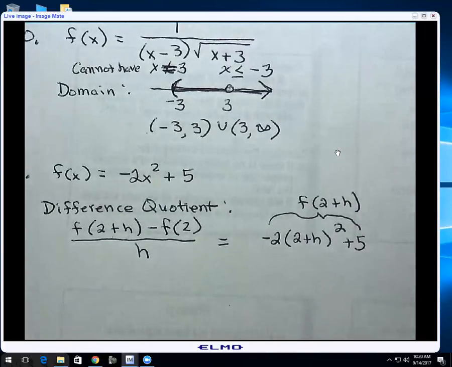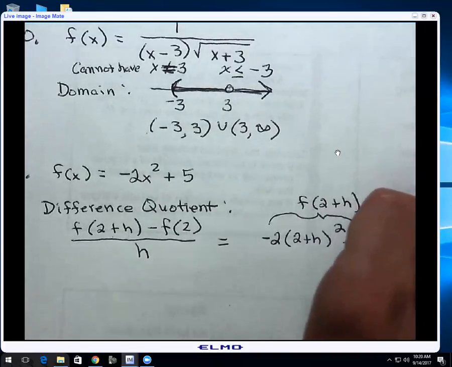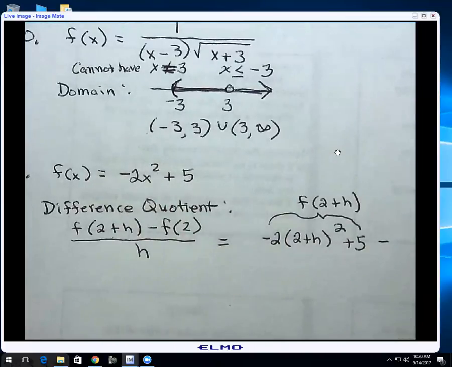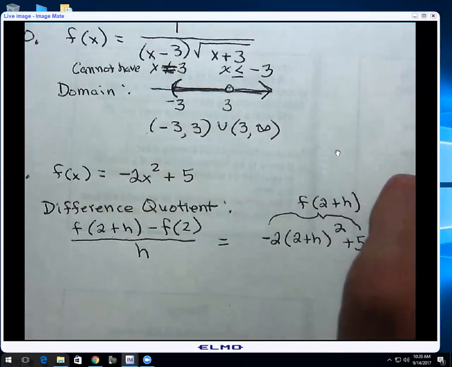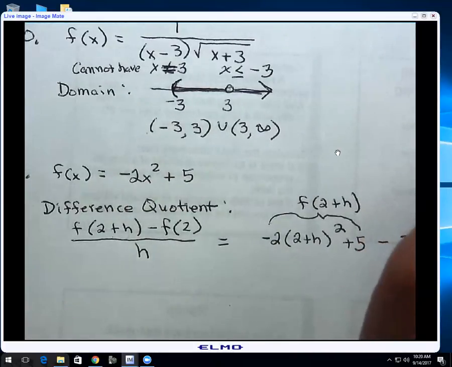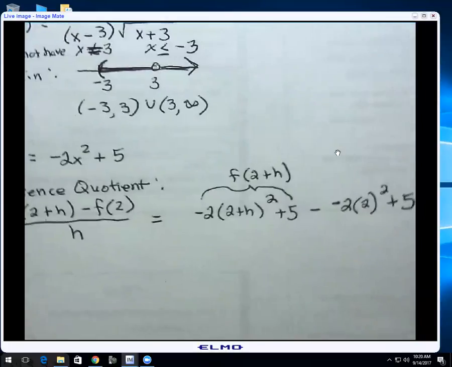What does the next step of the recipe say? Subtract that. Subtract what you get if you put 2 into the function. I'm going to make the most common mistake here. You tell me what it is. And it's the same old common mistake we're always trying to avoid.